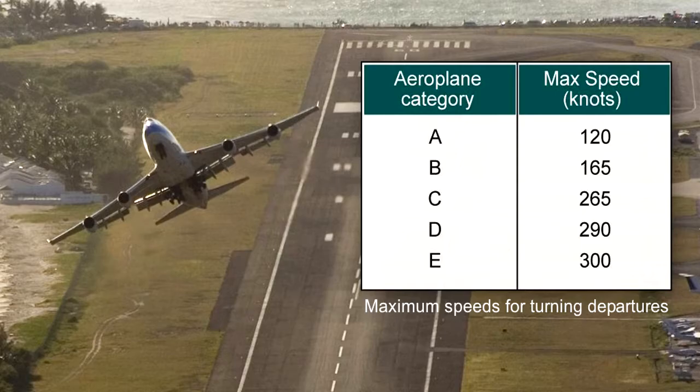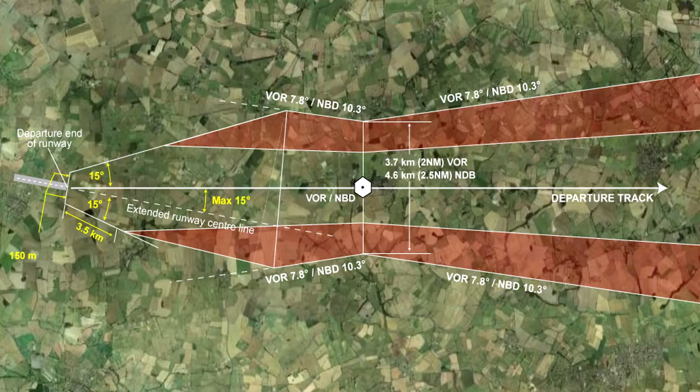The design of the instrument departure routes is based on the definition of tracks to be followed, along which the pilot is expected to correct for known wind and remain within the protected airspace. A straight departure is one in which the initial departure track is within 15 degrees of the alignment of the runway.